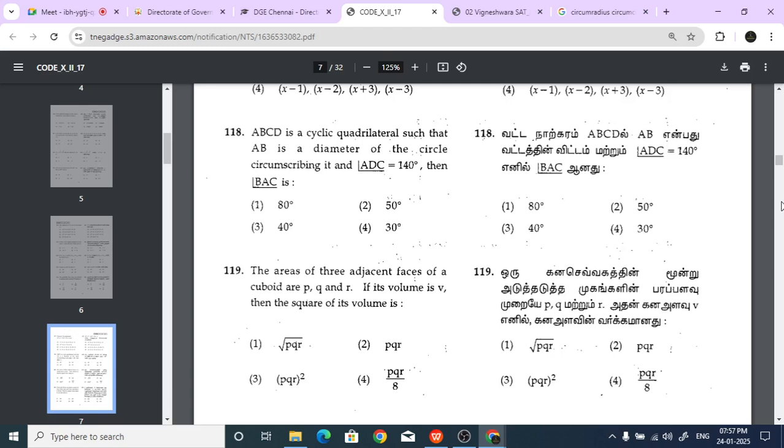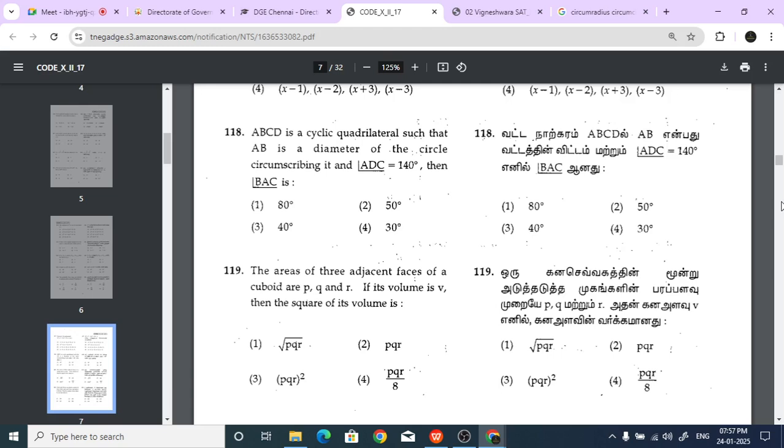Okay, the volume of a cuboid will be how much? What is the formula? LBH, isn't it? Length into breadth into height. Suppose you multiply P into Q into R, what will you get? Let us say P equals L into B, the area of one side. Q equals BH, and R equals LH.